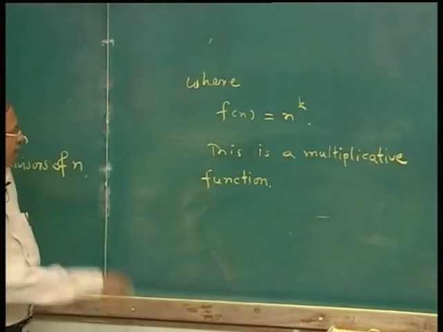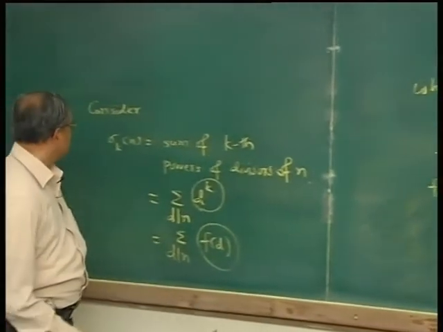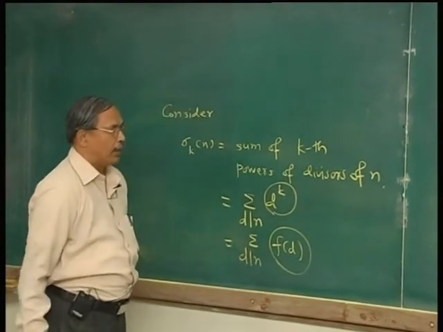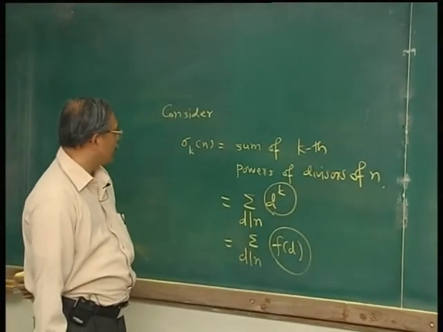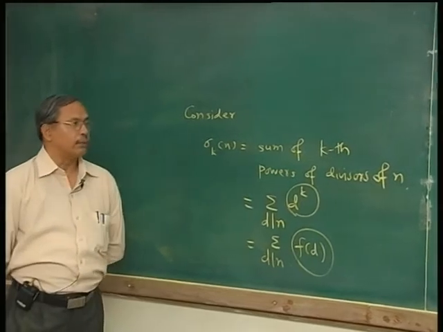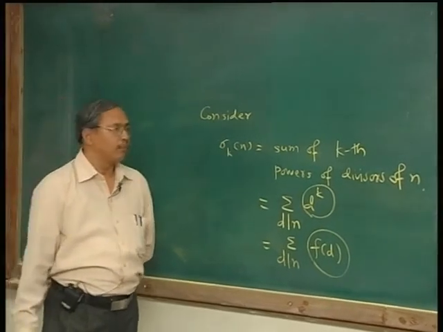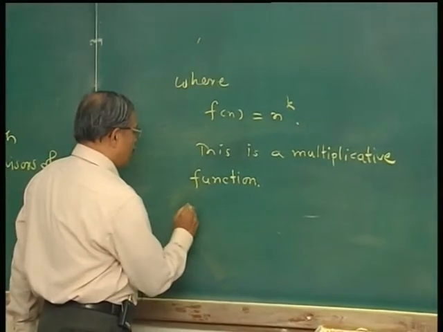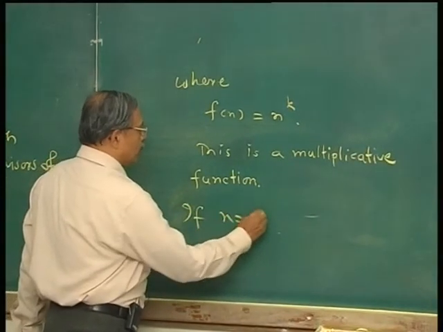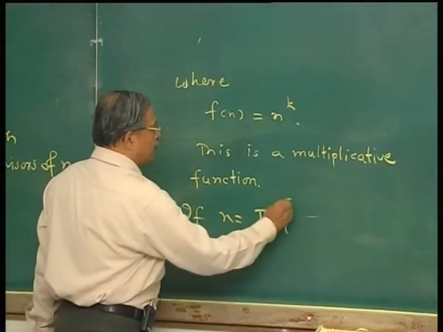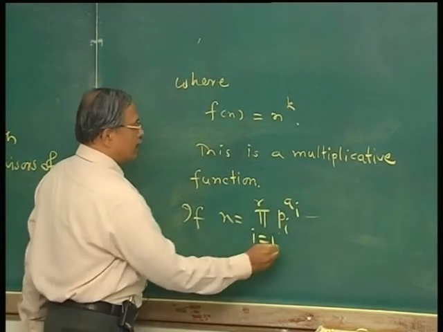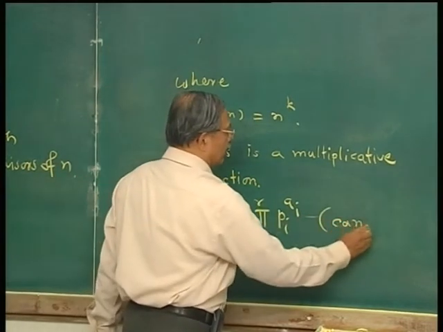Okay, now since f(n) is multiplicative, the function sigma k of n obtained from f(n) is also multiplicative, and therefore the values of sigma k of n can be obtained from the values of the function at prime powers. So if n equal to product pi raised to ai, i equal to 1 to r, this is canonical.